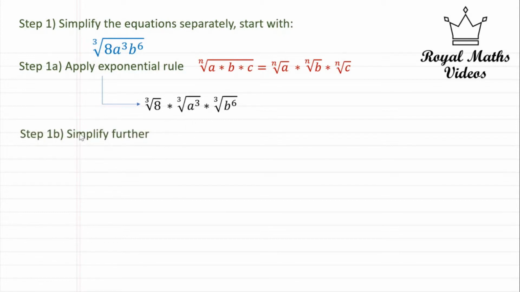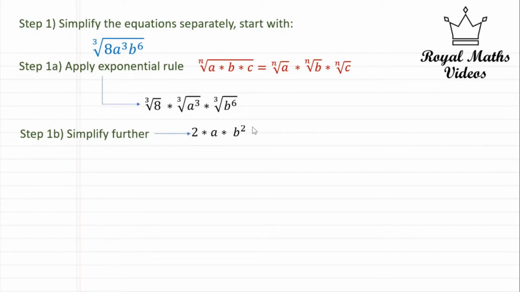Then step 1b would be to simplify it further. So then the cube root of 8 becomes 2. The cube root of an expression to the power of 3 cancels out, so this just becomes a, and then the cube root of an expression to the power of 6 becomes b squared.